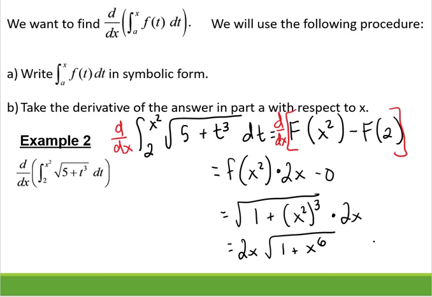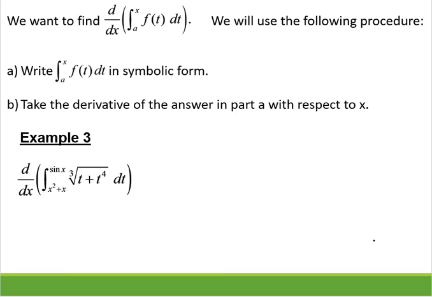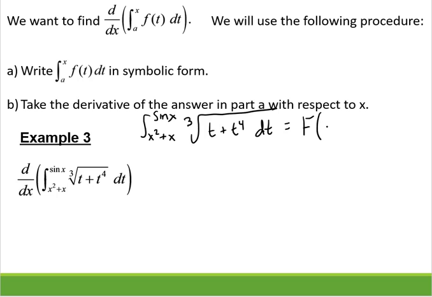Okay, again, it's the same process. I know that I now need to write this. This one's a hefty one, because now I have two functions. Okay, I have a function in my upper limit, a function in my lower limit. Well, that equals big F of the sine of x minus big F of x squared plus x.